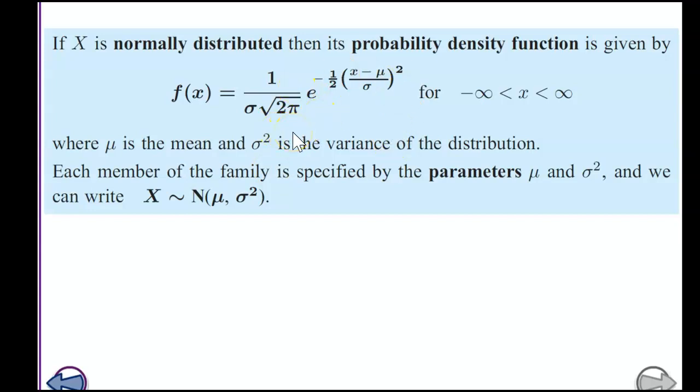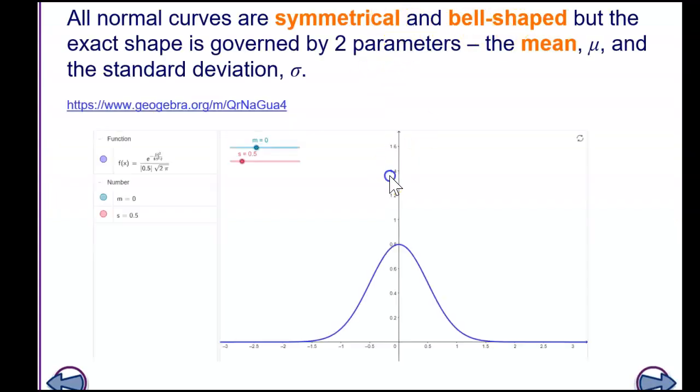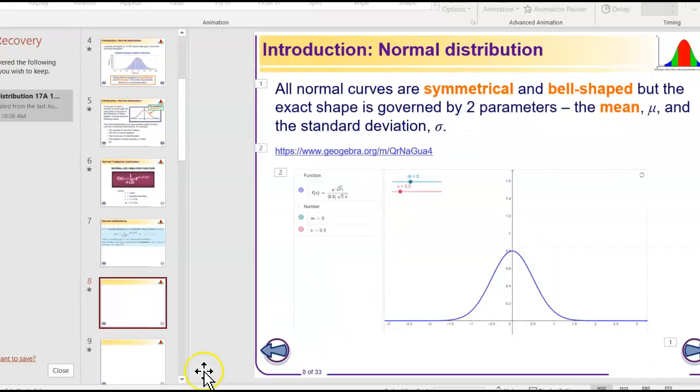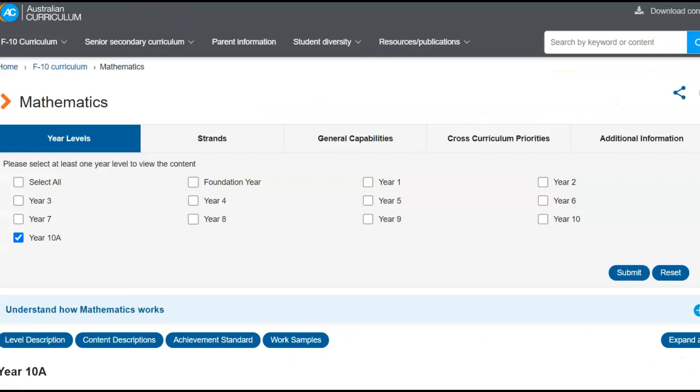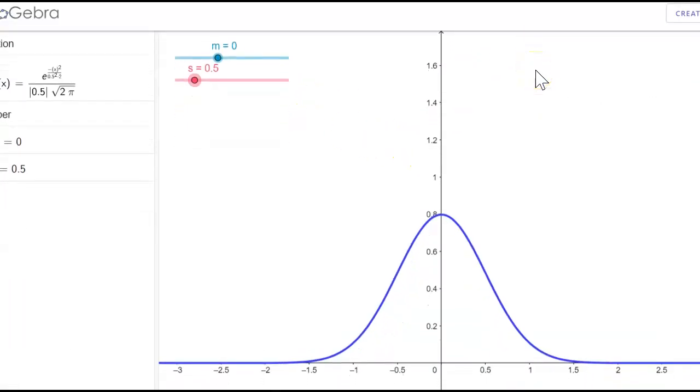Now, let me just show you what happens to the graph. We know that our graph is symmetrical. We know that it's bell-shaped. We know that it's centered around the mean. Let me just show you what happens to that graph when we adjust the mean and the standard deviation. The mean is this middle point. So if I adjust the mean, which is currently set at 0, what do you think is going to happen if I change the mean to +1? Move.